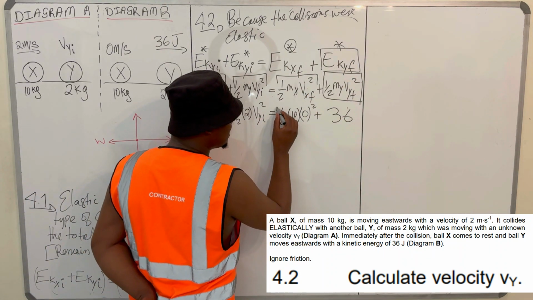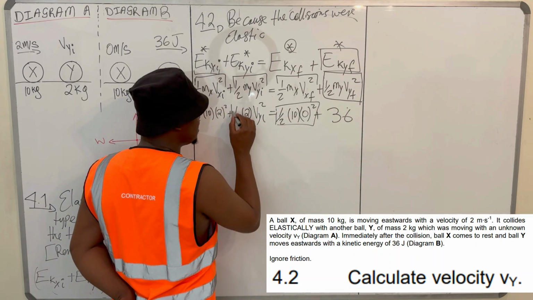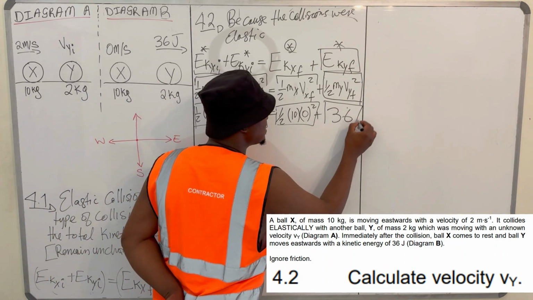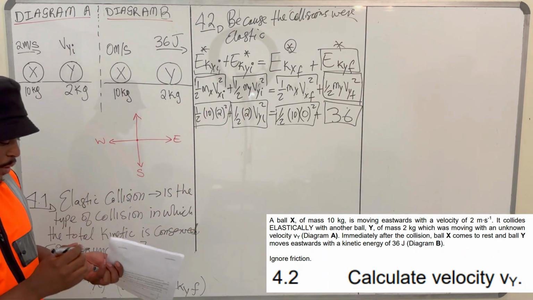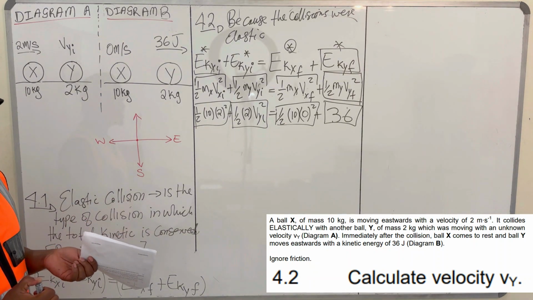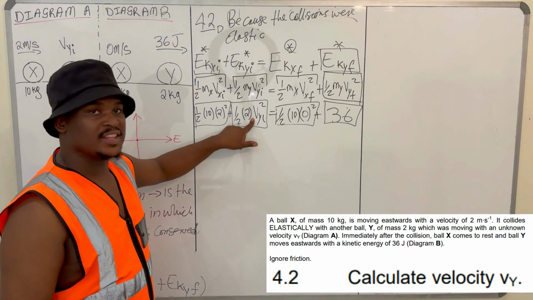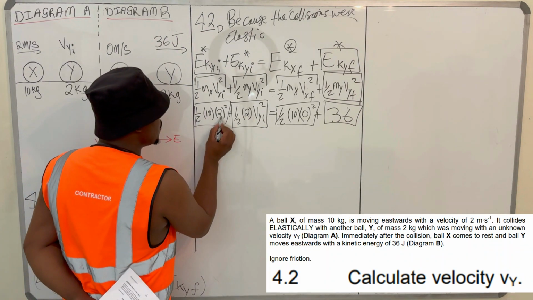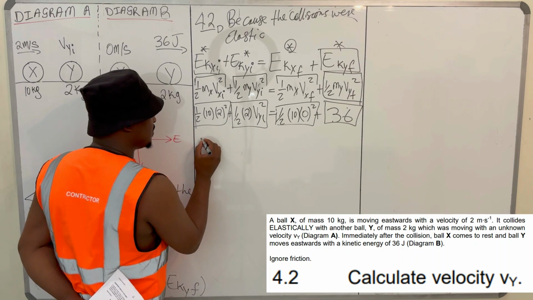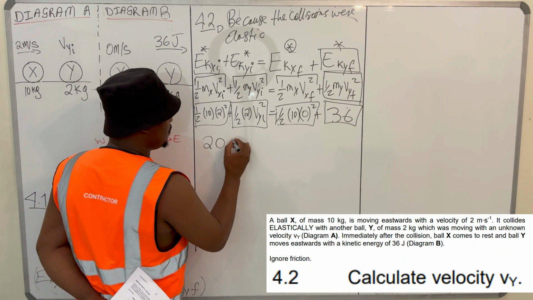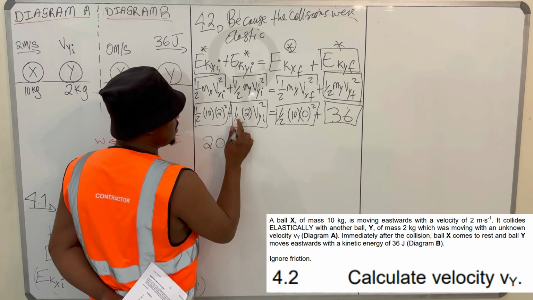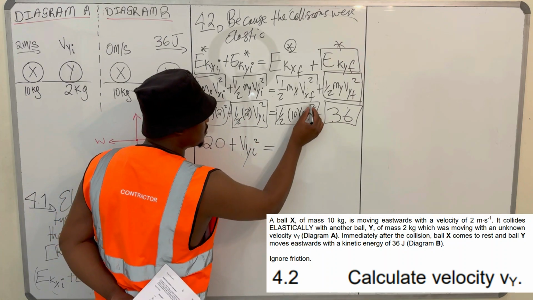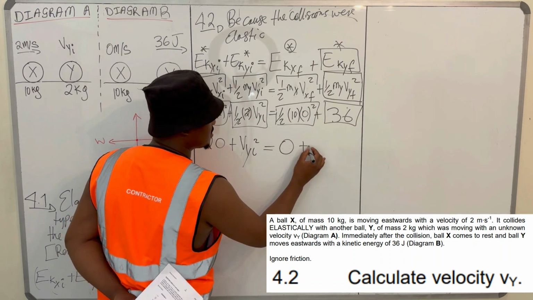Because this is the kinetic energy here, this is the kinetic energy there, and this one as well is the kinetic energy, the final kinetic energy of ball Y, which is 36. At this point we have to solve for this. You punch it in the calculator, it becomes 5 times 4, which is 20, plus Vy initial squared, is equal to 0 plus 36.